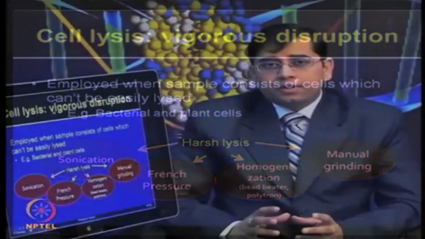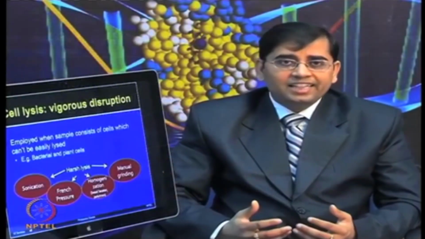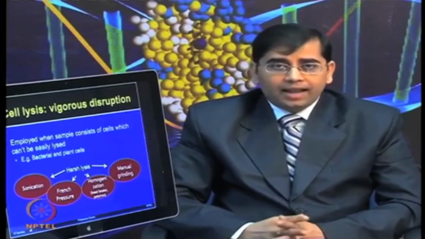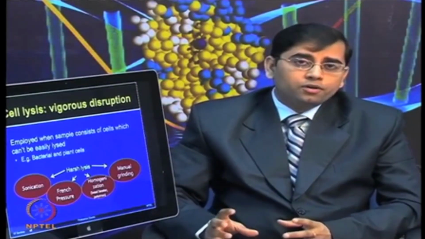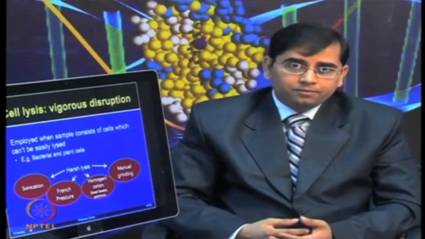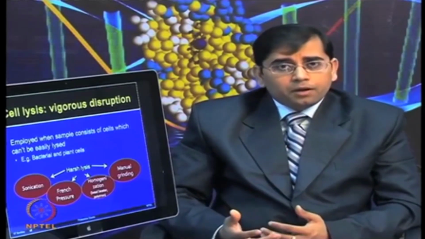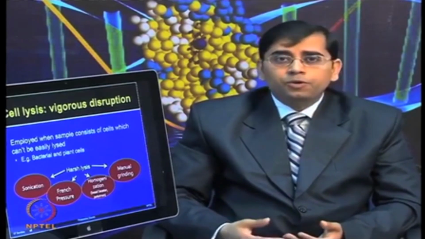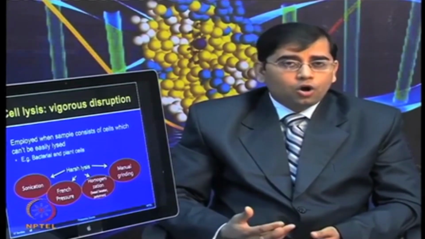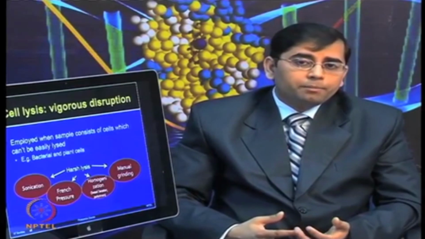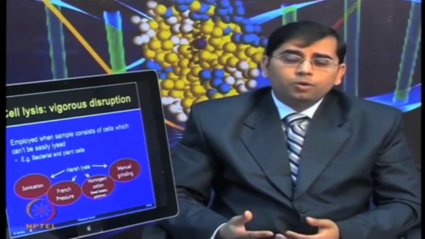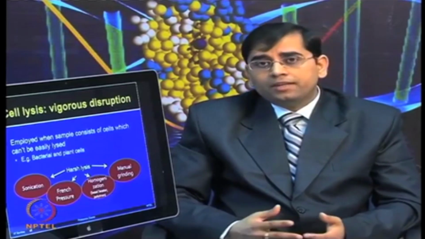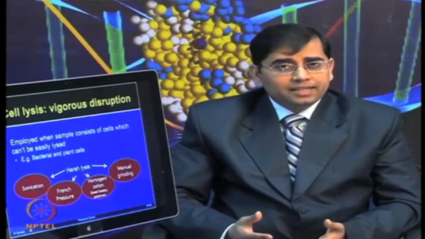We will talk about different cell lysis methods and some of the principles involved as we go along with more specific types of samples. But in all sample preparation, mostly people use manual grinding or homogenization by using a bead beater or polytron homogenizers. So, these are very commonly used homogenization methods.